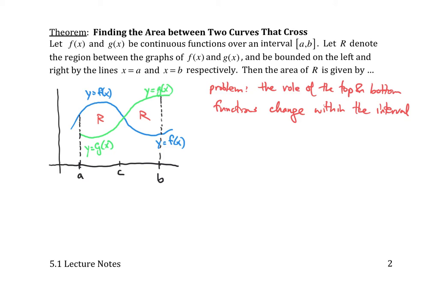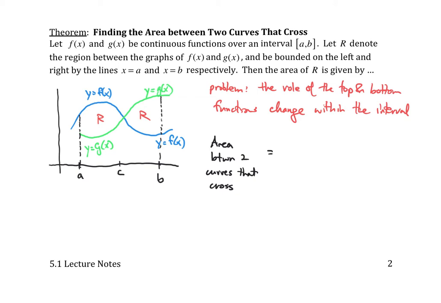So how do we fix that problem? Well, I'm going to tell you that right now. The area between the two curves that cross is going to be given by the following formula.